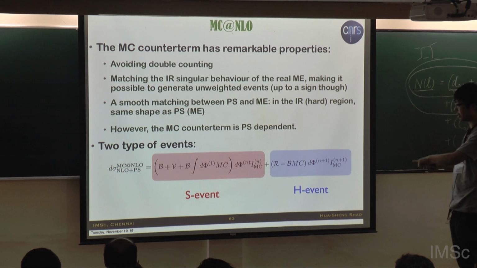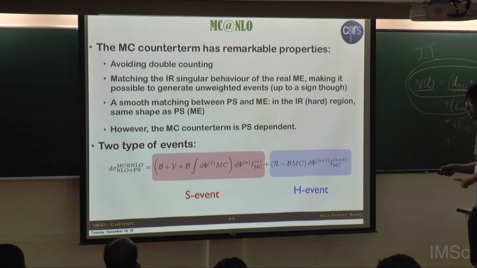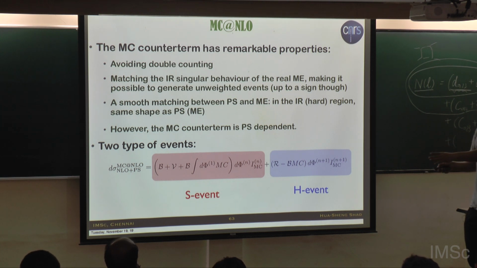But in this case, do we still need FKS counterterms? Do we need a subtraction again? Anyone know? Since our MC counterterm is exactly matching the NLO part, it seems we don't need it, right? In practice, we need it. The reason is the Monte Carlo counterterm is very complicated.